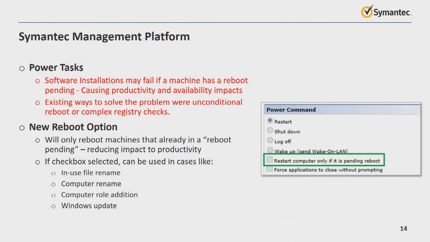Computer role changes or additions, as well as Windows updates. If Windows updates are in that mode where it's like, I just did it automatically and I have to reboot, our software may not go through. So in those cases, it'll allow it to proceed and it won't fail it. So upon reboot, it continues its job, right? Before, it stopped dead. After, now it will actually run through. So this will increase the success of your software distribution.